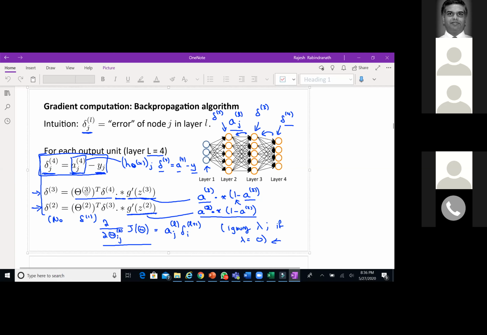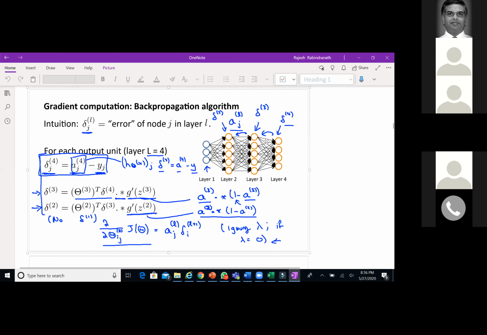If you take all the parameters associated with, for example, the theta associated with this node, how many thetas will be there? There will be one weightage for this node to this node, another weightage for this node to this node, another from this node to this node, and another one here.